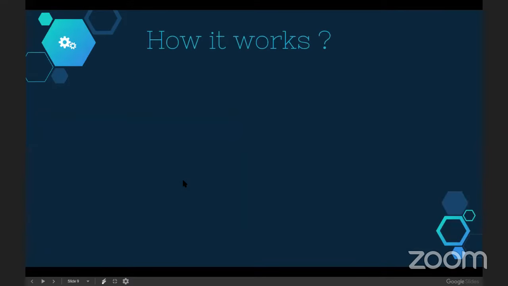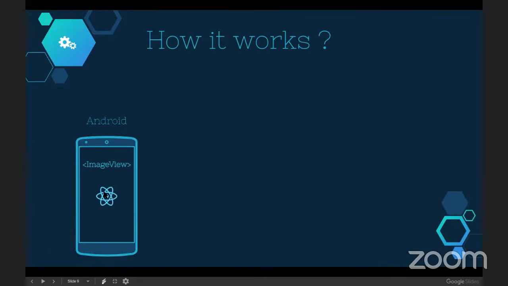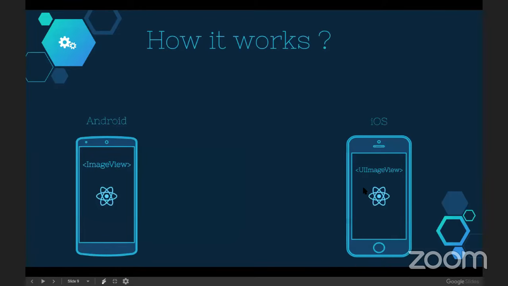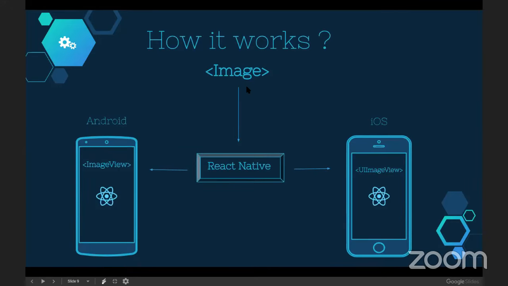So how does this work? To render an image on an Android device, we need to make use of the native ImageView from the Android SDK. And to get an image on iOS, we need to make use of UIImageView from the iOS UI toolkit. But when we use Image in our code, what React Native does is it takes the Image component and, based on the targeted environment where it's supposed to run, it binds the image to that particular API.